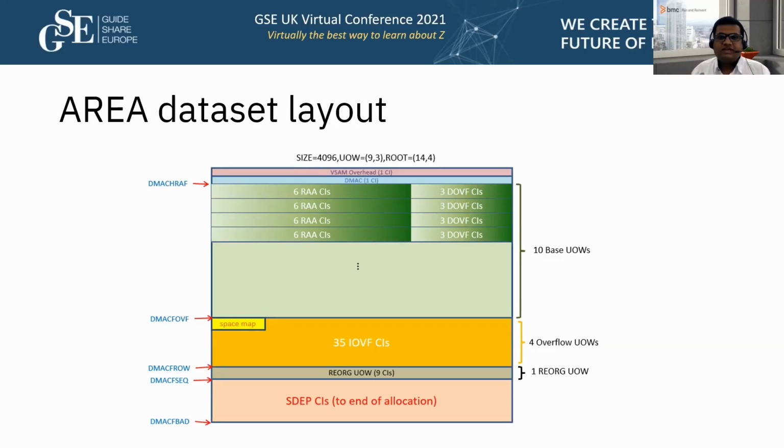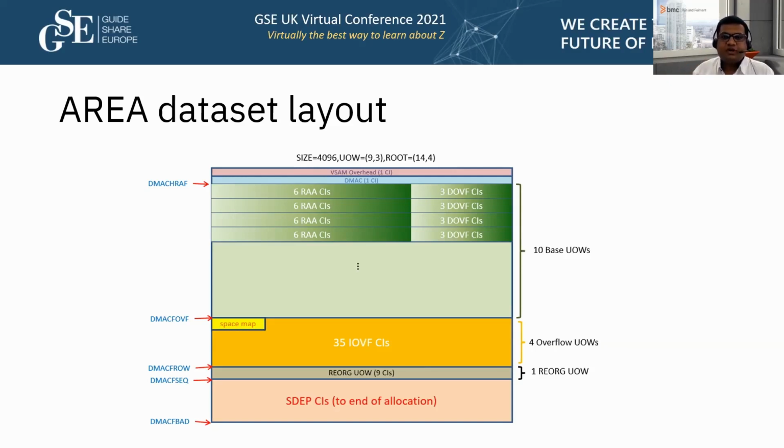DMAC is a kind of control block which contains the information about the entire area and the different boundaries. These are different RBAs which define that from this RBA to this RBA is a particular area. If you look at DMAC RAA, it is the starting portion of your RAA. Then DMAC FOVF is the starting portion of your IOVF section.